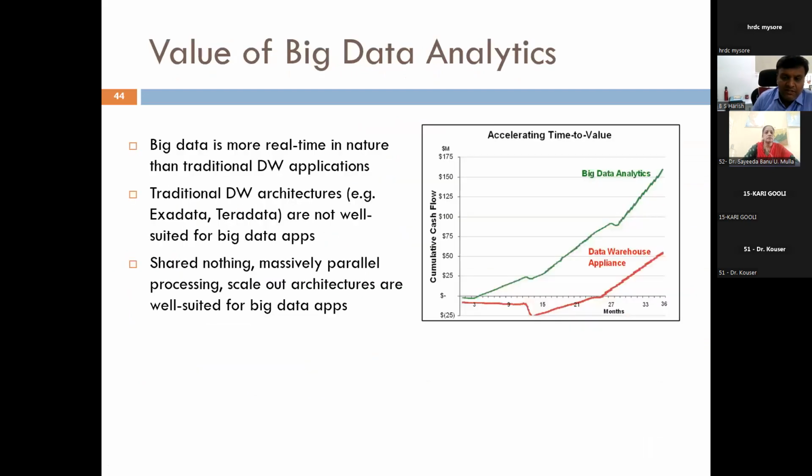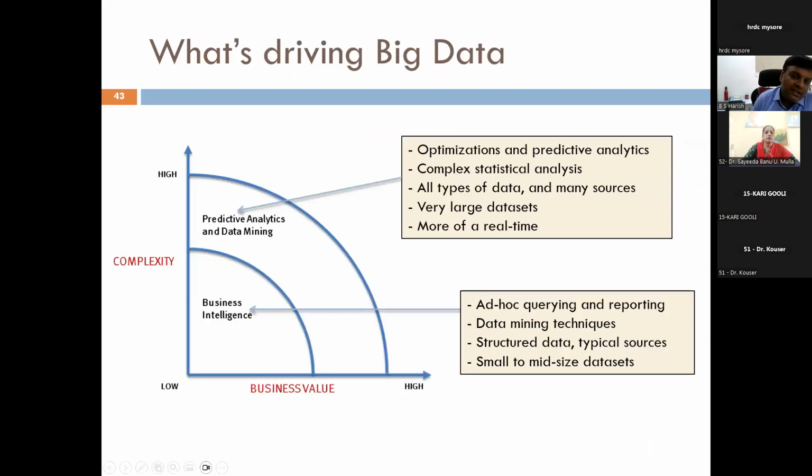If you see this, there is one concept which is really driving big data to the best extent. If you plot the business value versus the complexity value, there are many things that are encountered by any engineer working on this.